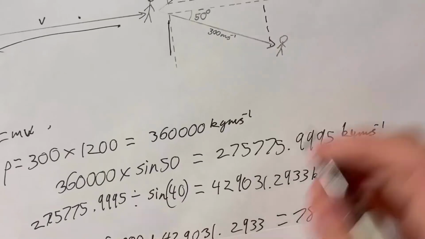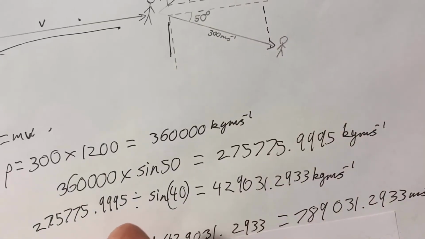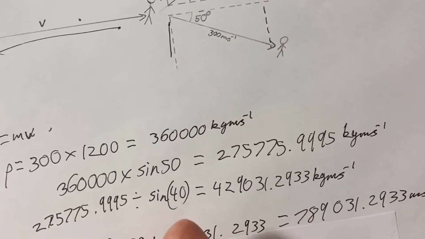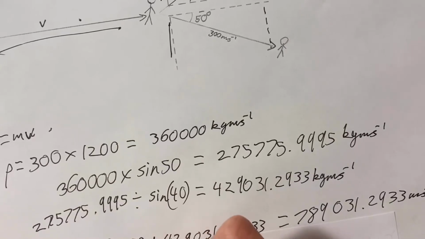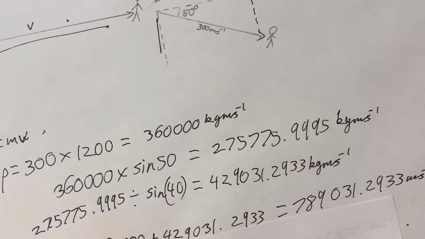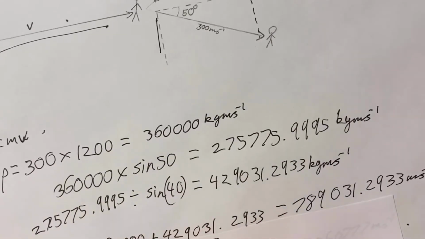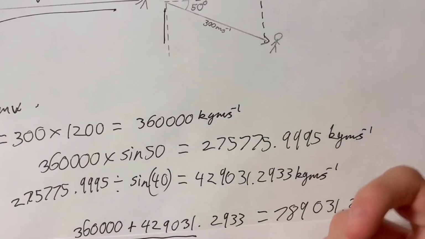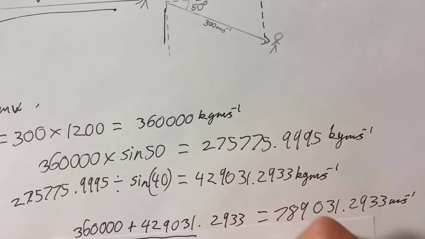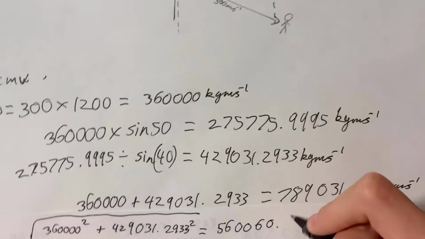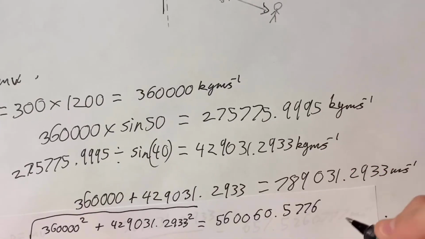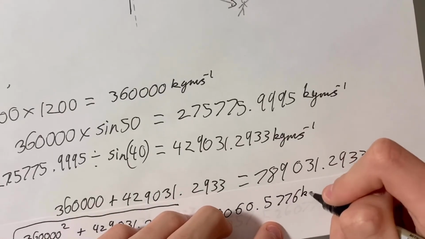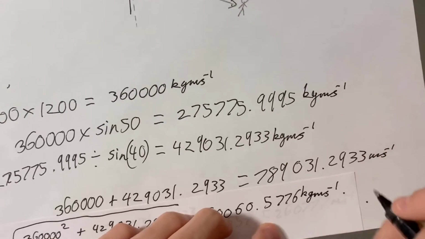So you can do 360,000 squared plus 429,031.2933 squared, and square root all of that gives you V. And the answer to that is 560,060.5776 kilograms meters per second.